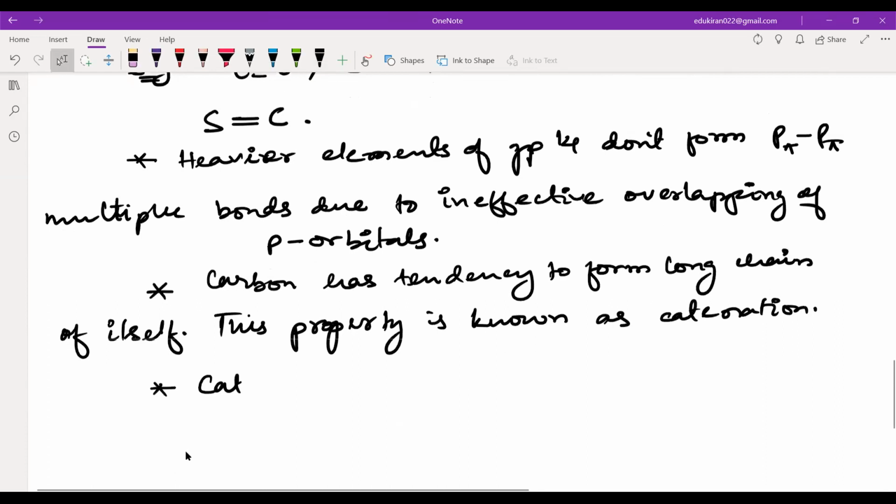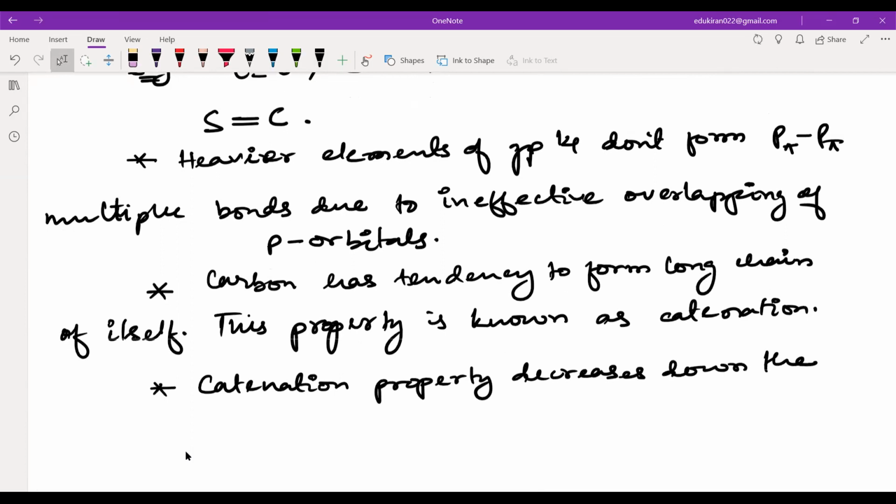The catenation property decreases down the group. Why will it decrease? Because if I go down the group, the size increases and the electronegativity decreases, and the tendency to show catenation will also decrease.